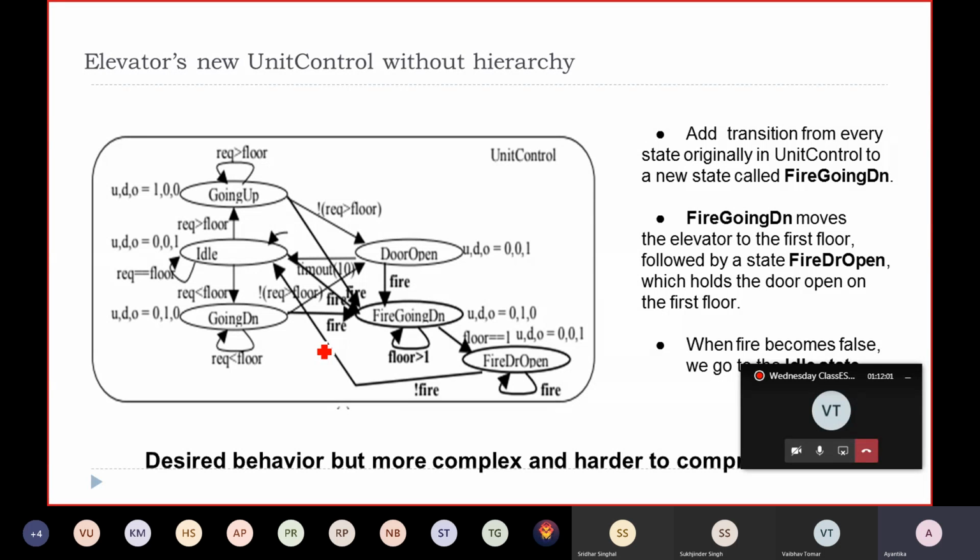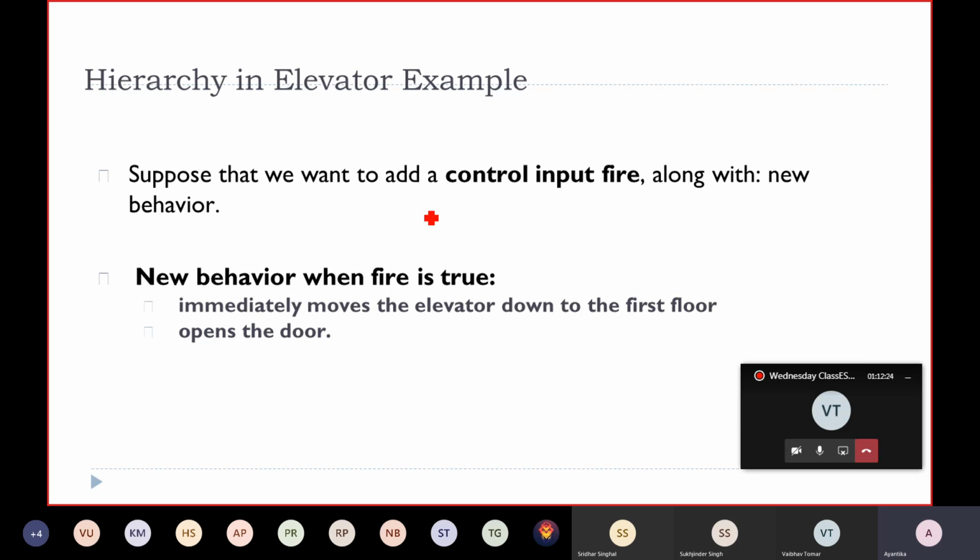So let me give this example again. See, this is the elevator problem. You remember, right? The first day we have already discussed. That day we talked about these few states we can consider: going up, idle, going down. But now we are adding one extra control input, that is fire.